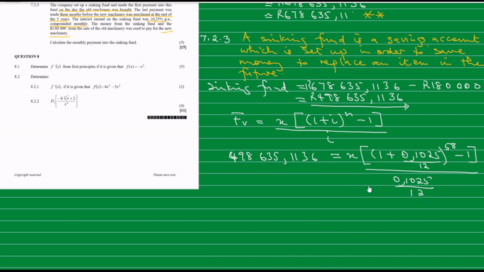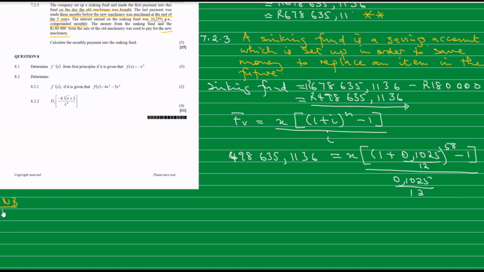Now, what is happening here is, in a normal sinking fund calculation, the first payment is made 1 month after the purchase of the vehicle. Let me write that down.